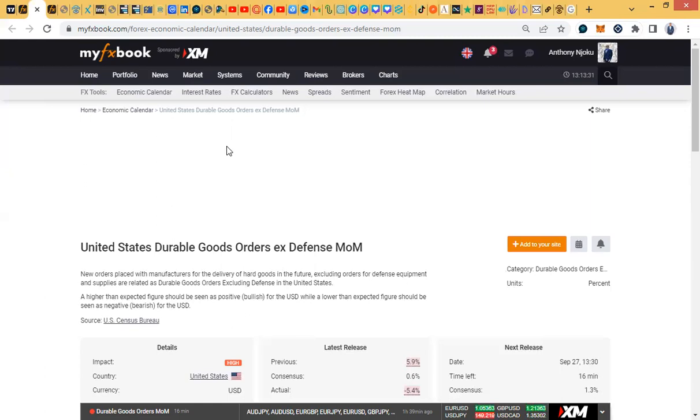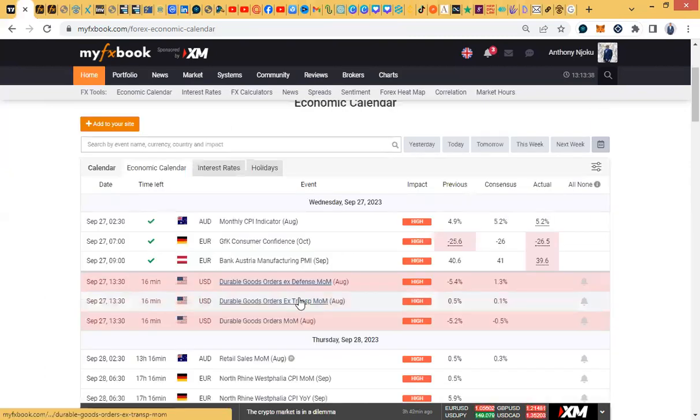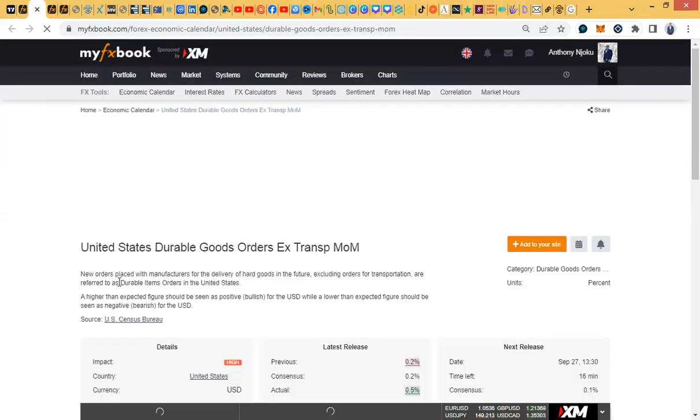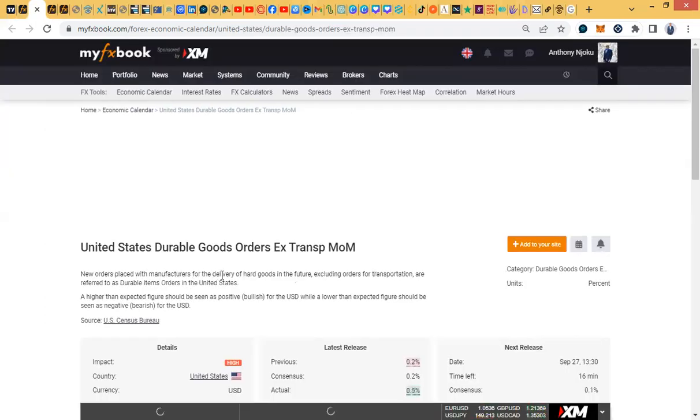So these are orders for every other product except ammunition and guns. And this is new orders placed with manufacturers for delivery of hard goods in the future, excluding orders of transportation like cars.